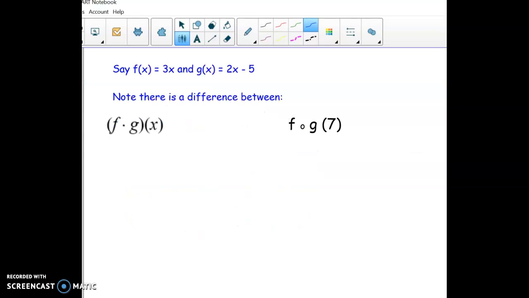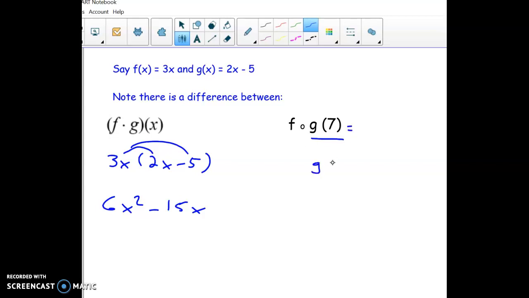All right. So before we go on too much, please note that this solid dot means multiply. So like this would be one from yesterday where we would take the f function and multiply the g function together, right? So we'd go like that, and we would have 6x squared minus 15x. That's multiplication, and then the open dot is composition. So what this one would say here is we want to do the g function first of 7 and take whatever answer we get there and pass that into f.